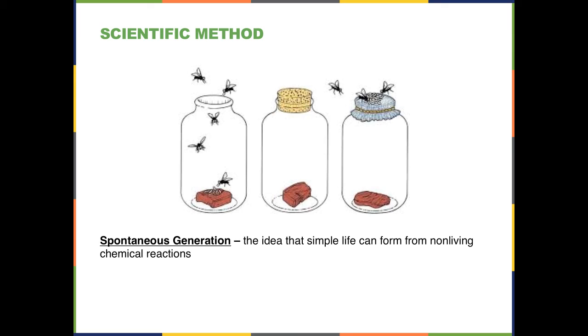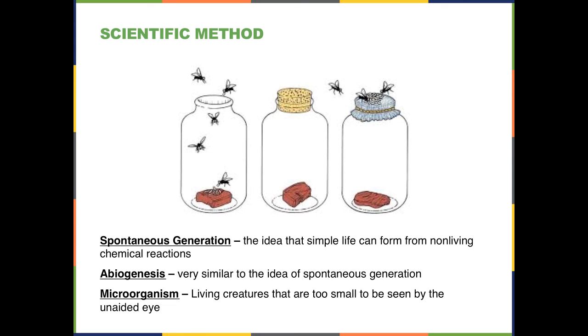What they did to prove this not to be true, I'll show you in just a second. But this spontaneous generation was also called abiogenesis, which is the origin, genesis of life, bio being life, but a meaning that you didn't have to have life originally in order to produce life. So it's an idea that you can produce life from non-living things, sort of the Frankenstein idea, for lack of a better way of putting it.